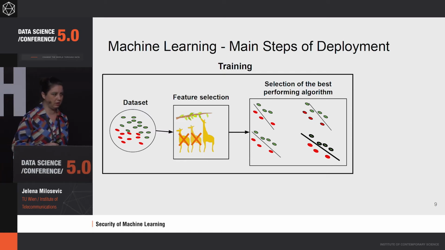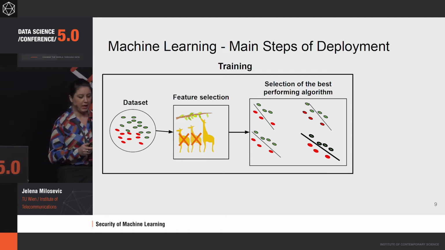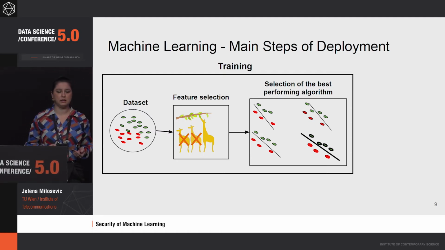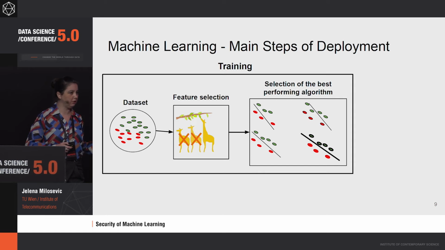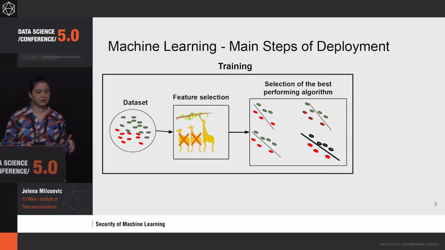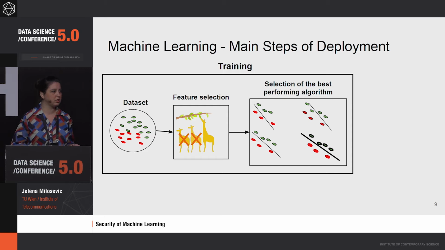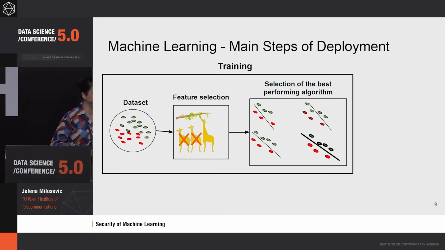When it comes to the deployment of machine learning in practice, we can say that there are a couple of steps to that. And the first step is actually training. In this step, what happens is that we first have a data set that is representative for the domain of interest. And then based on this data set, we try to understand which features make sense to use here. This is something that is called the feature selection process.